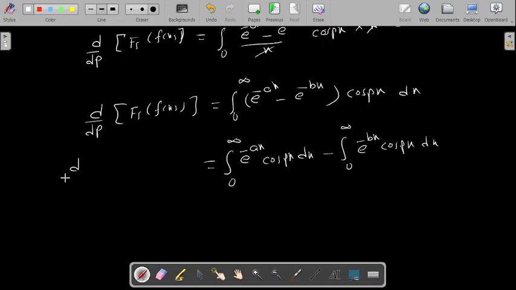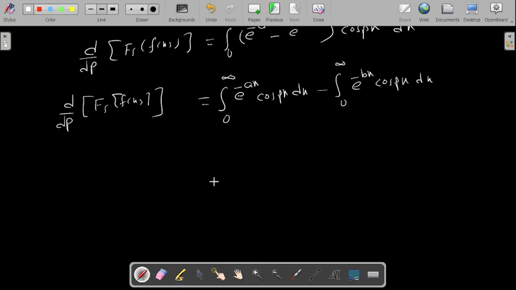The left side is as it is, d by dp of Fs of f of x. Now we have the formula. What is the formula? On the right side, integral 0 to infinity e power minus ax cos bx dx, this formula.